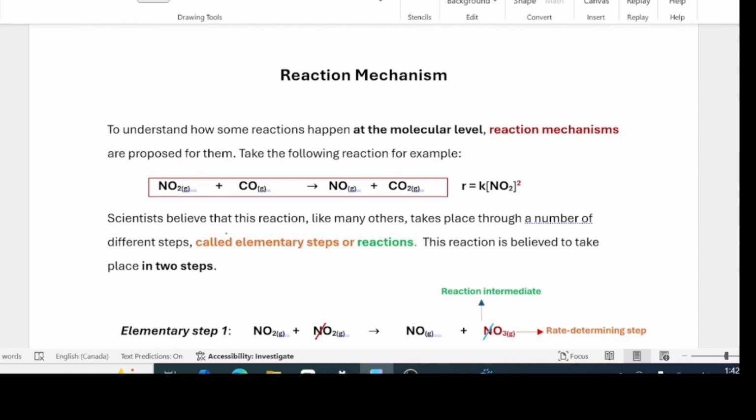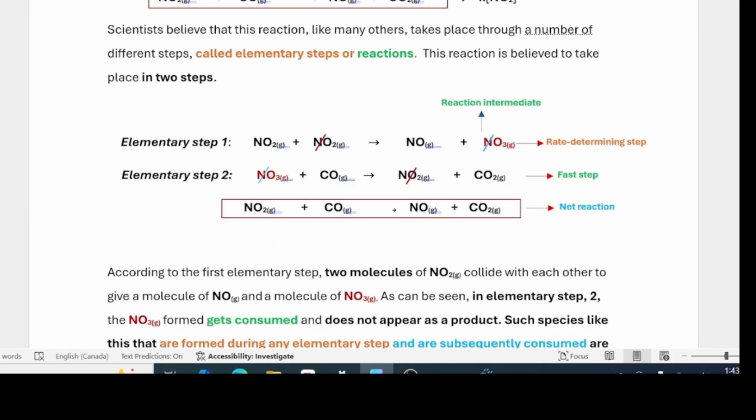Scientists believe that this reaction, like many others, takes place through a number of different steps called elementary steps or elementary reactions. This reaction is believed to take place in two steps.